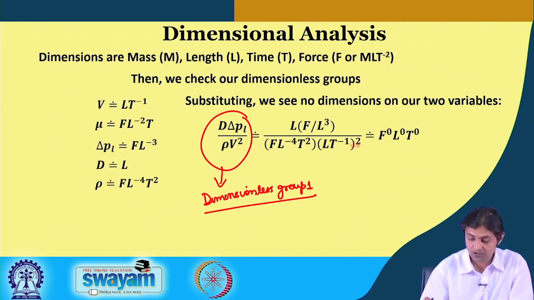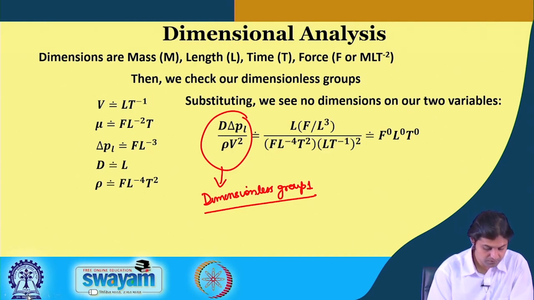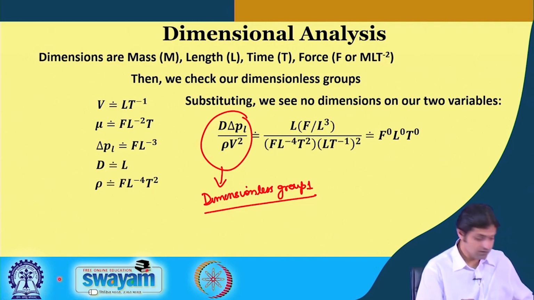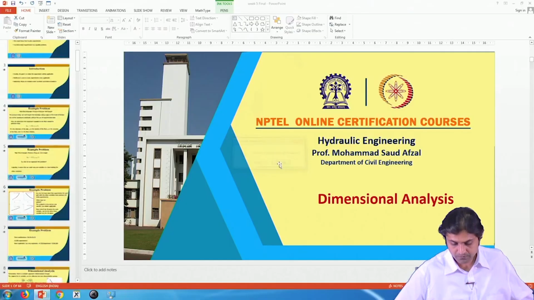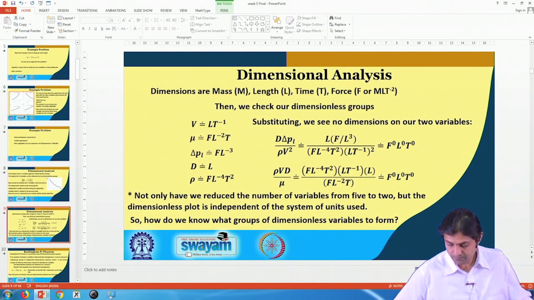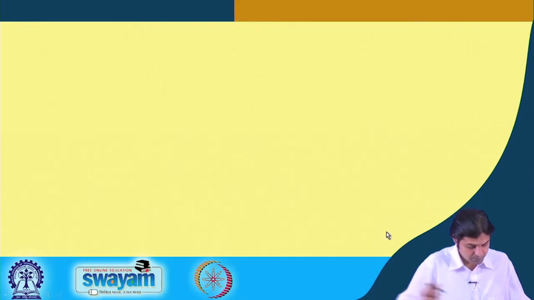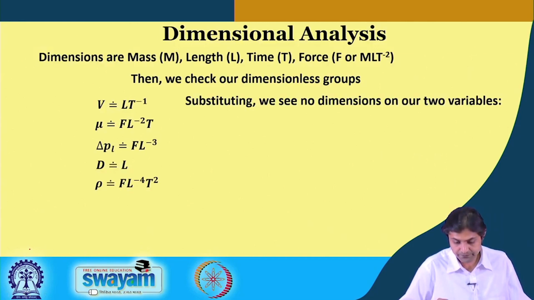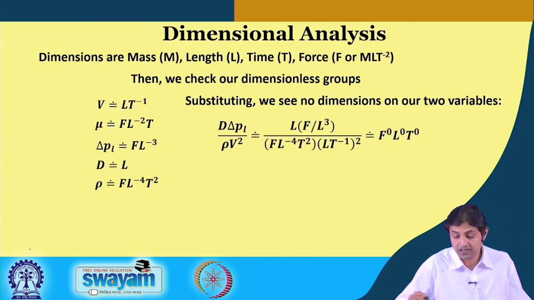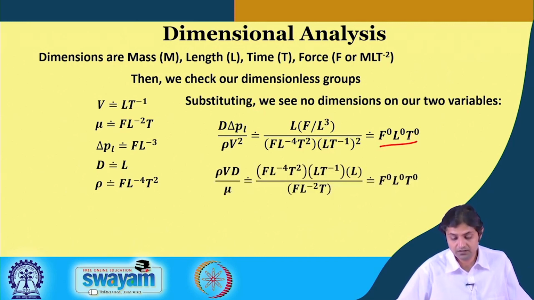If you start doing this, you will get F to the power 0, L to the power 0, T to the power 0. So, we had no dimensions here.